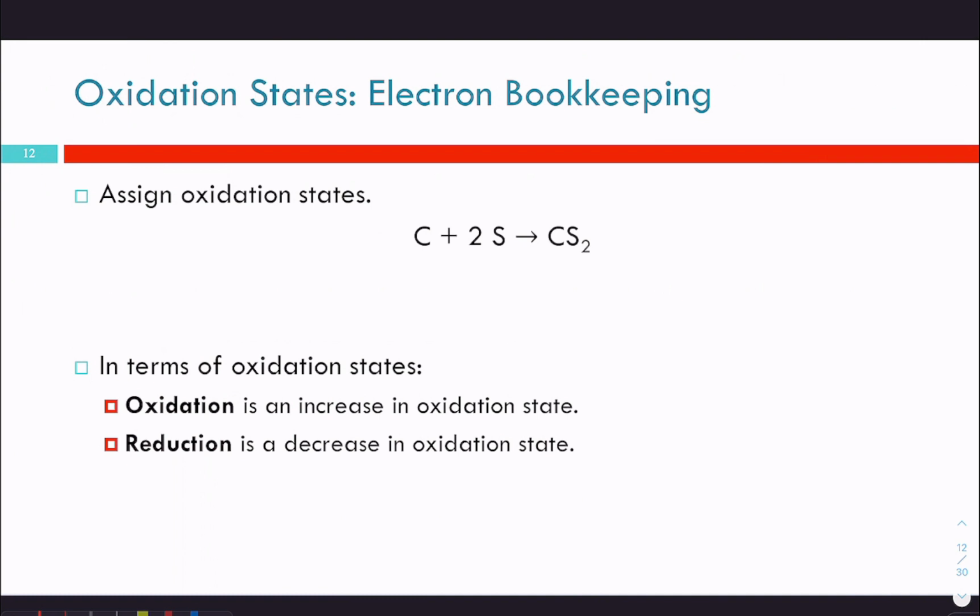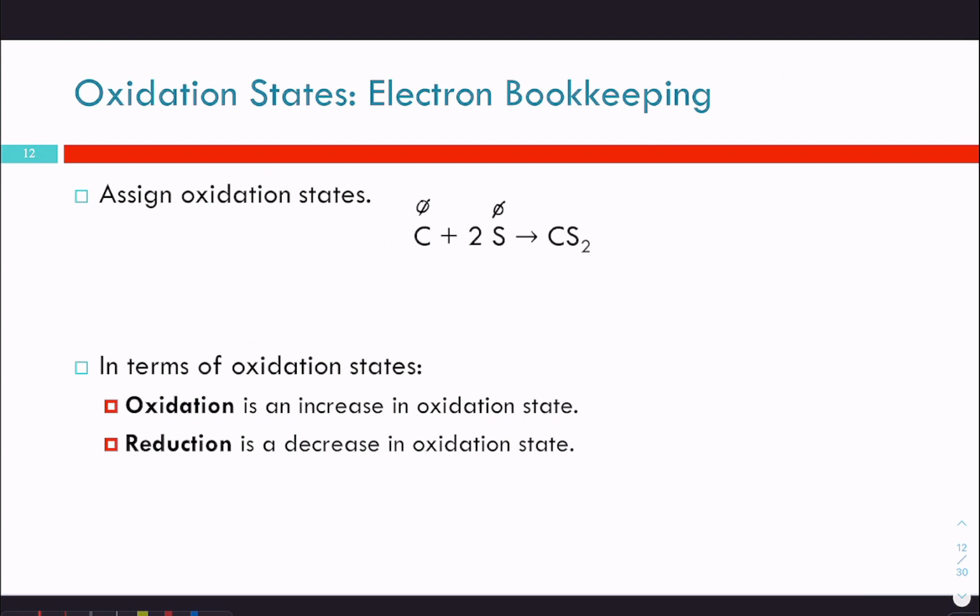Okay, so now we can come back to this problem and take another look at it. So if we have, right, this is a free element carbon, free element sulfur. Both of these have oxidation states of 0. Our oxidation state on carbon now we know we can figure out from the oxidation state of sulfur.